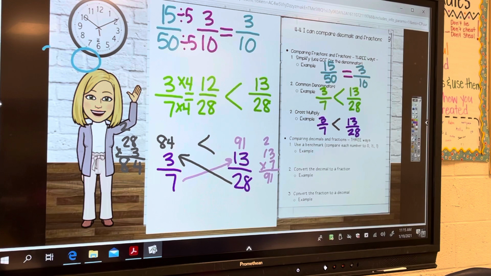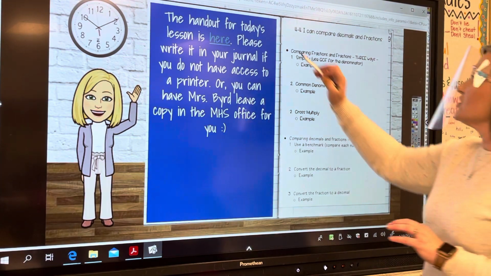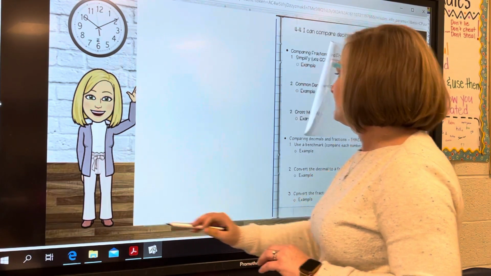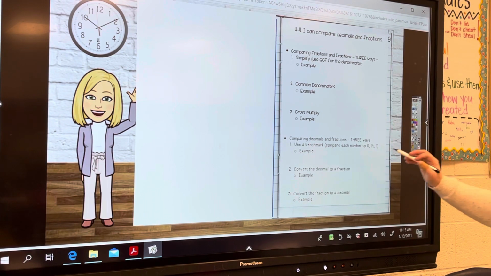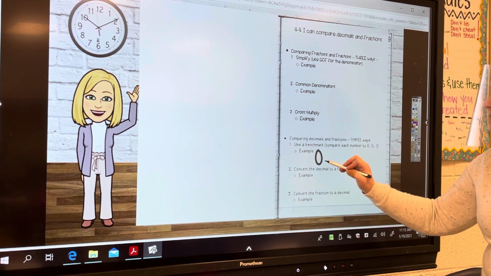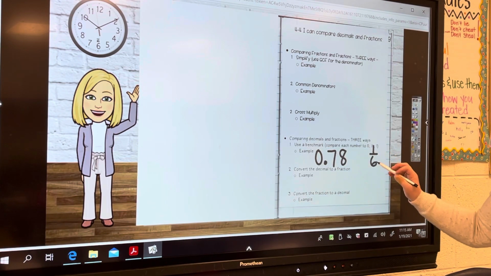All right? So, I'm going to give you an example for a benchmark, so you can see more of what I'm talking about. And I'm going to flip this just because it gets too busy up here and it's harder to tell. So we are going to compare 78/100 and 1/6.